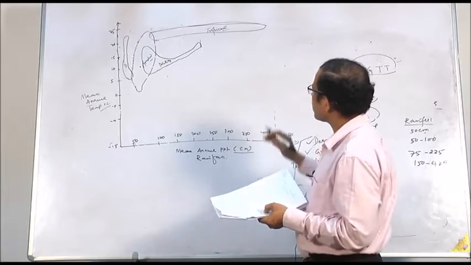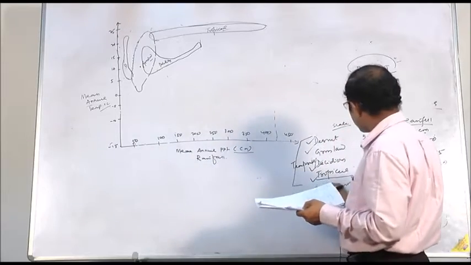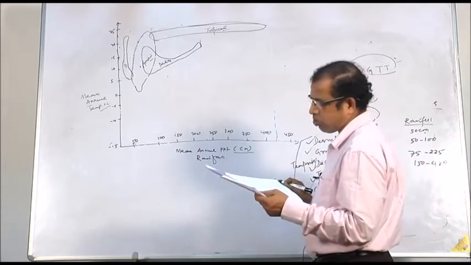The next one is the coniferous, which is a cone shape.